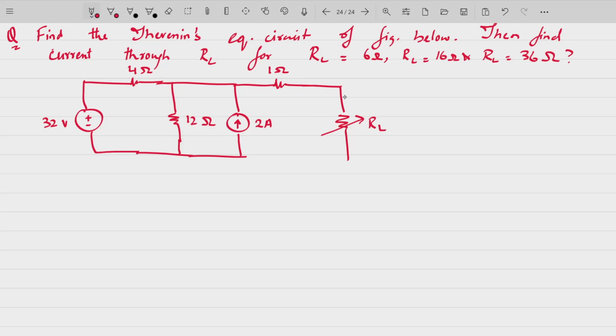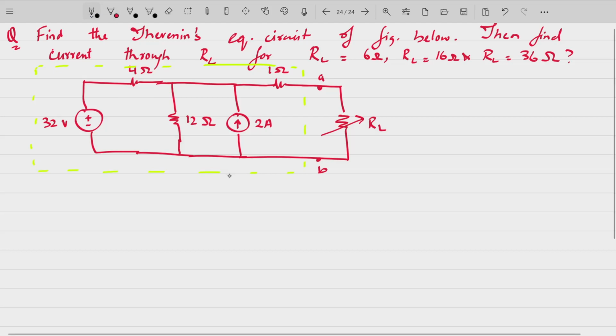This is your load resistance. So across these two terminals VAB, you have to actually find out the Thevenin's equivalent. That means this entire network that we have here needs to be replaced by VTH and RTH, and then we have to incorporate back the load resistance RL.